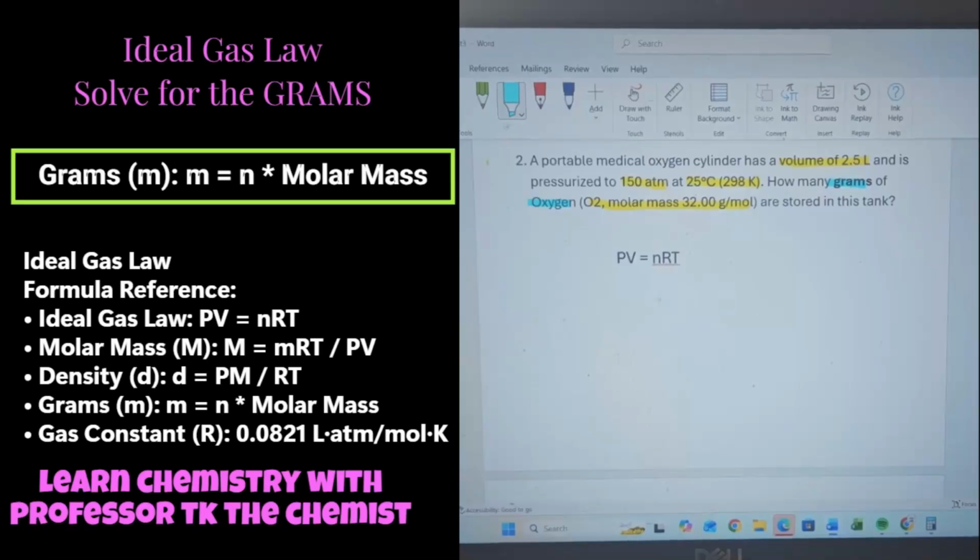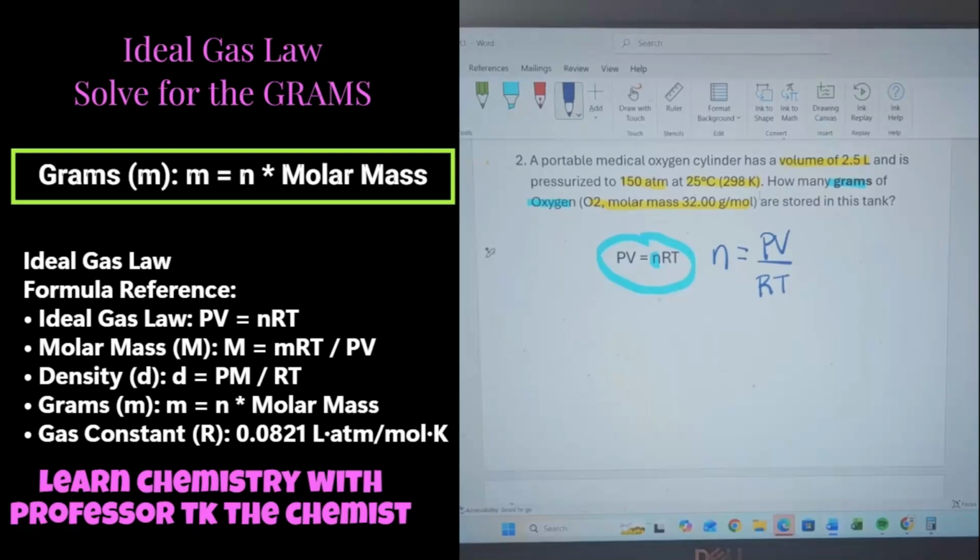Now, since you are looking for the grams and they gave you several different variables, you're going to have to rearrange this formula here to solve for the N and then convert the N to grams. All right. So we're going to do that right now. And I want you guys to pay close attention to how I go about solving for the N. I'm going to rearrange this formula, and I'm going to say that N equals PV divided by RT.